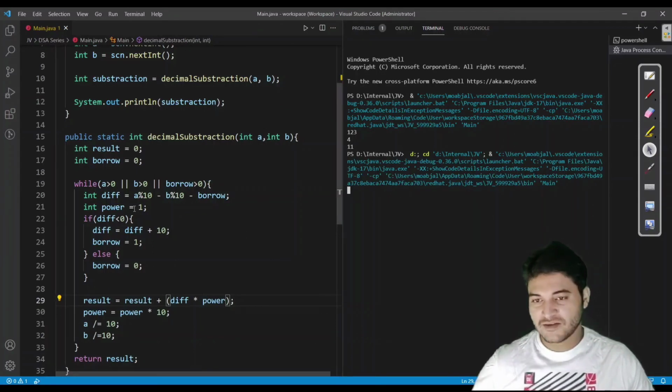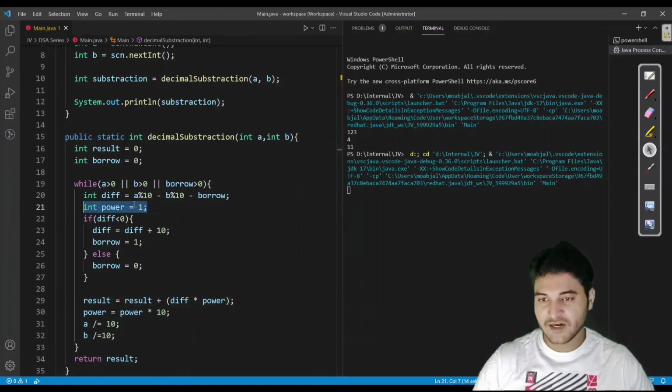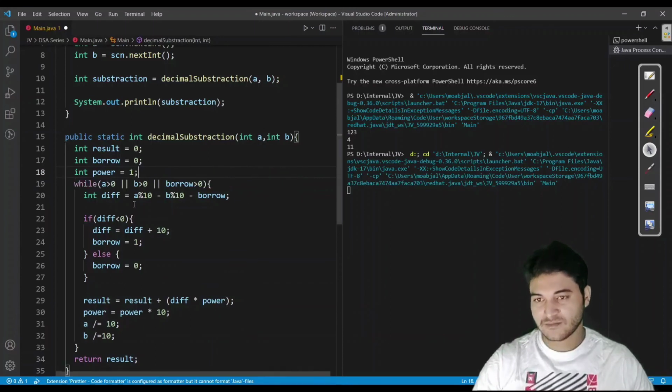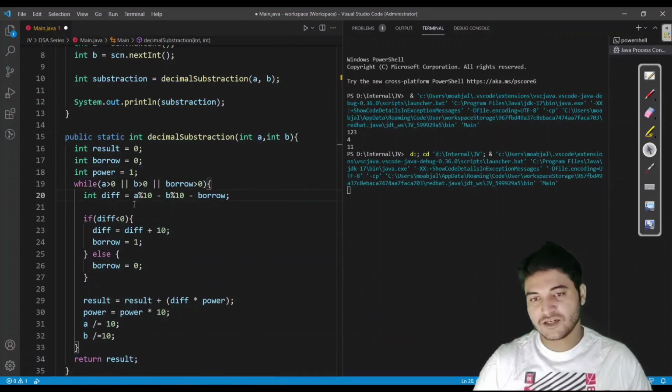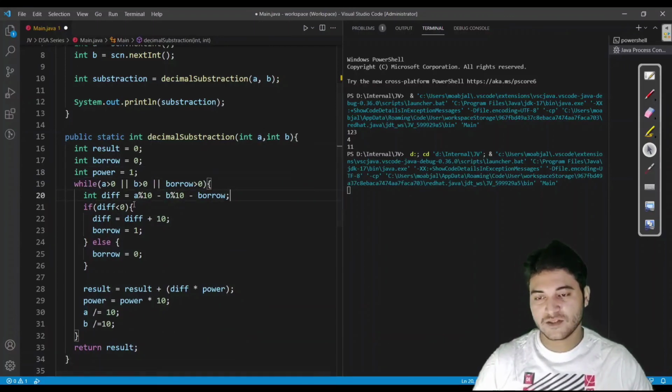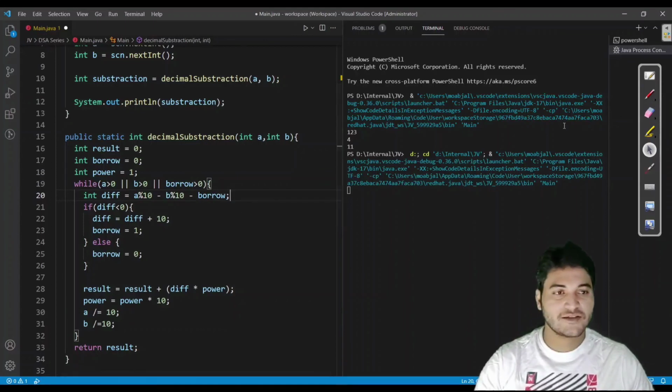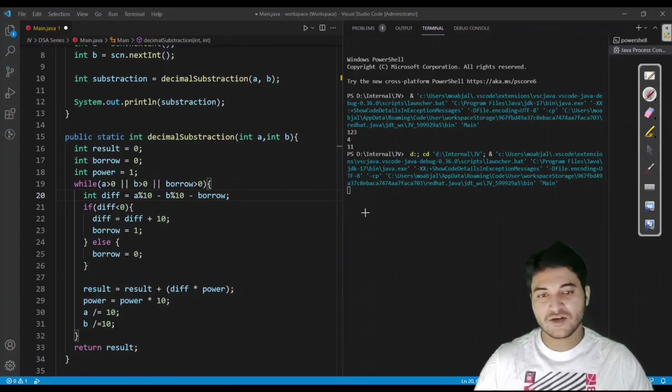Okay, so we have a very slight mistake, which is we have defined our power variable inside the loop. We have to define this variable outside of the loop, because each time we have to multiply power with 10. Here what was happening, let's say you are coming into the loop, power initialized with 1, and you are again coming into the loop, and again it is 1. So every time it was 1 only, but in each iteration we have to increase the power also.